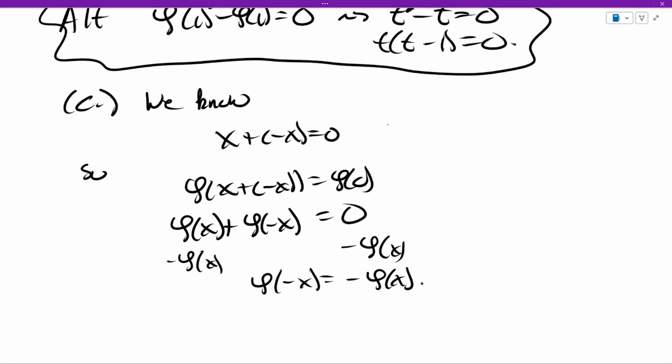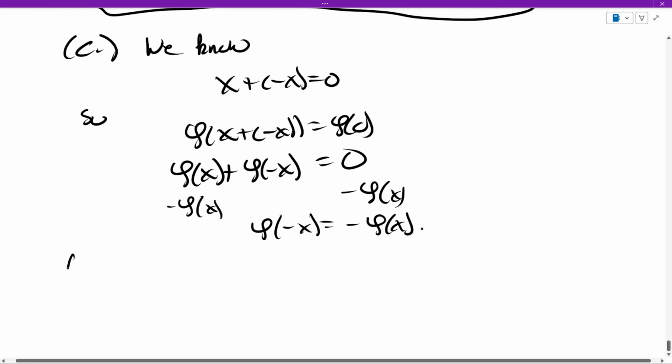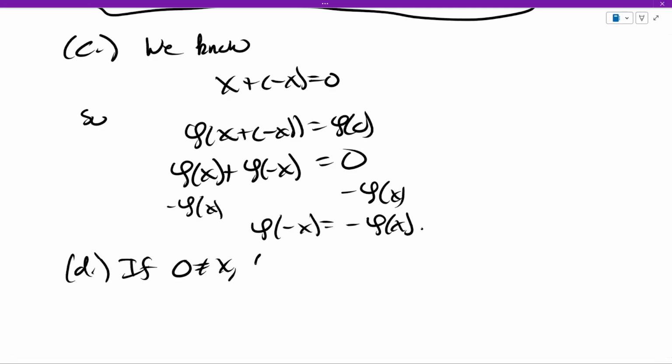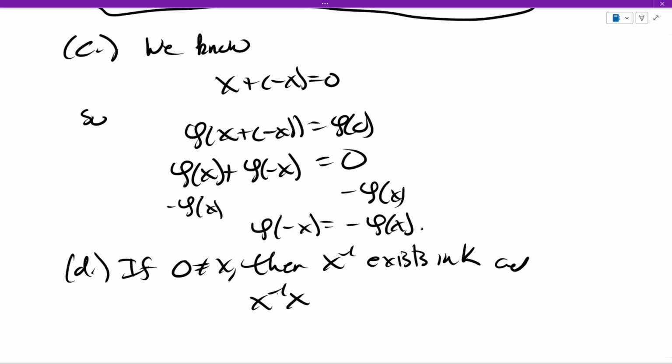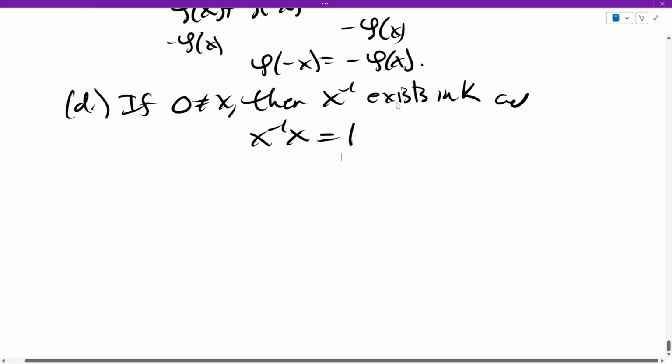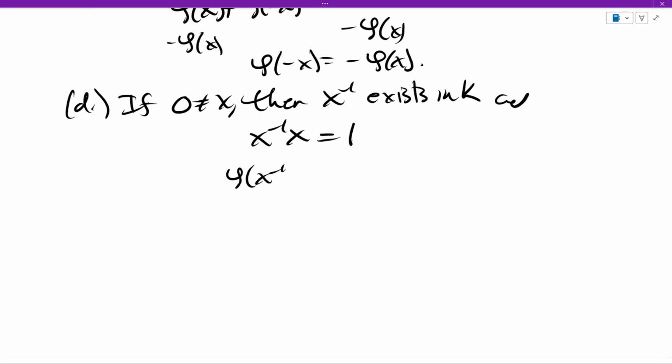And then the last one is that if x is not 0, then x inverse exists in K because it's a field. And what is the defining property of x inverse? Well, x inverse times x is 1. So phi of x inverse times x is phi of 1. Phi is compatible with multiplication, so we can break this up under multiplication on the left.